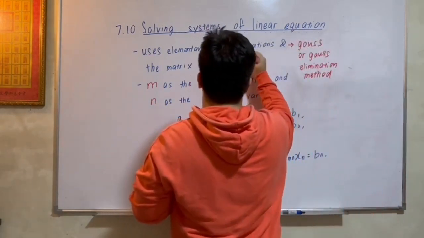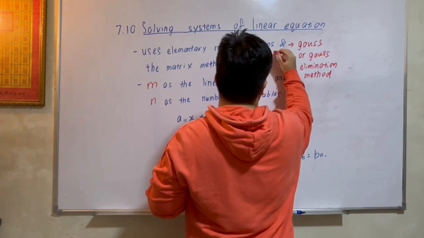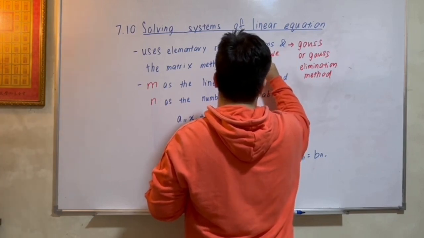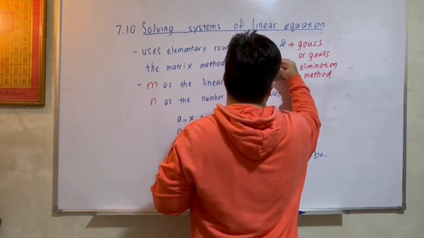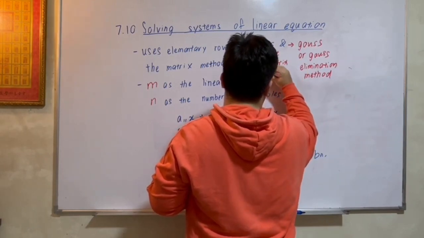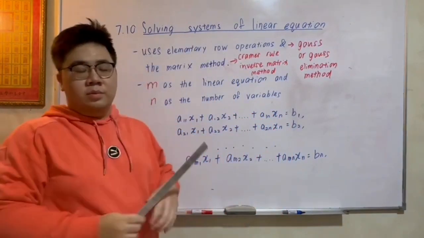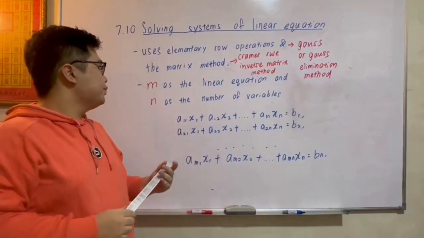As for the matrix method, there are two, which are Cramer's rule and the inverse matrix method. All these will be explained by my group members later.